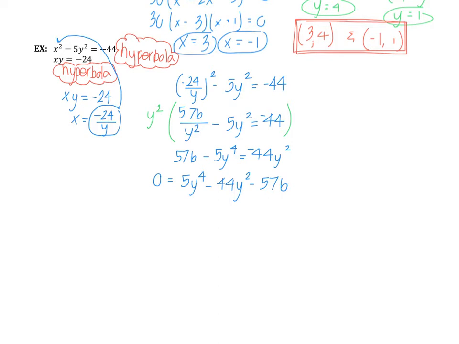At this step, you now have some options. You can factor this by splitting the middle. If you can visually see it, that works. You could do U substitution if you want. You could use the quadratic formula, I guess, if you really want to.